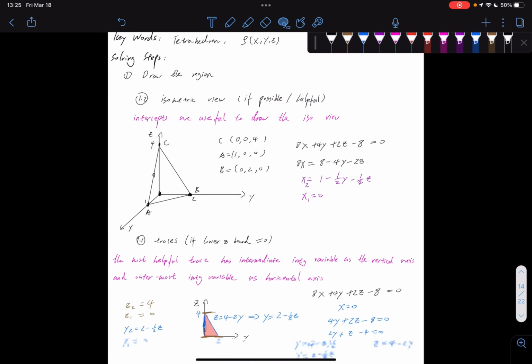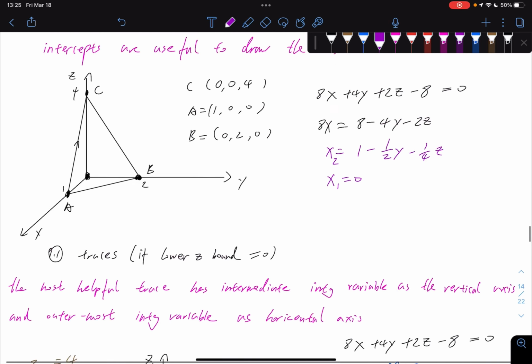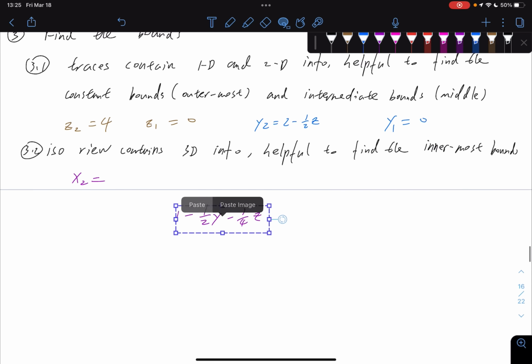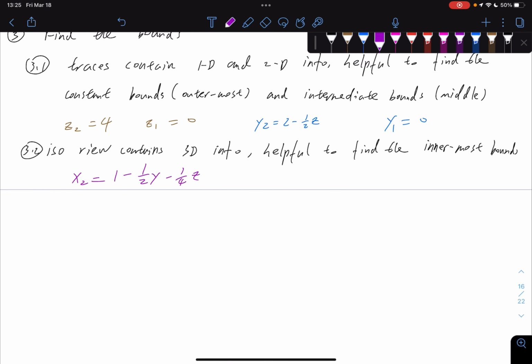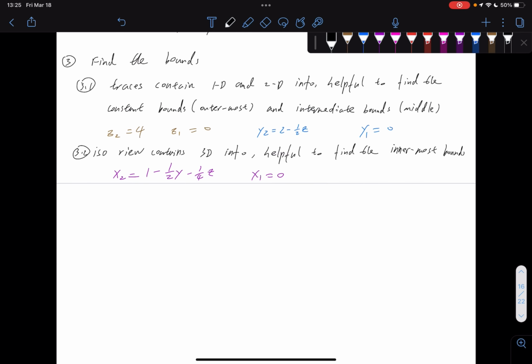So, all right, x2 equals, forgot the equation of the plane, and then x1 equals 0.